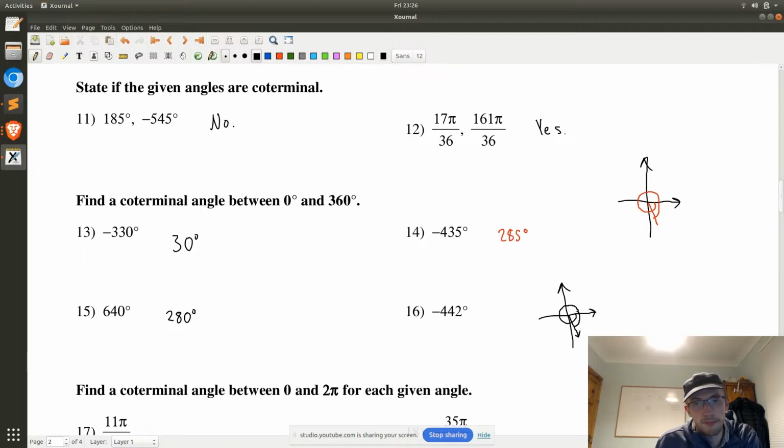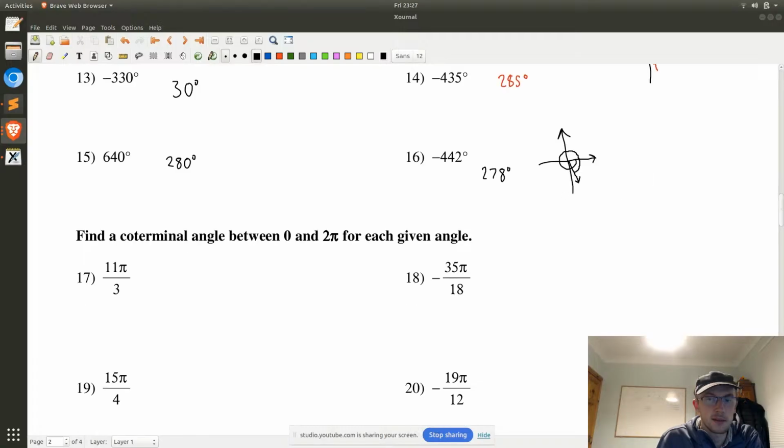Okay? But you need a coterminal angle that's between 0 degrees and 360 degrees. So you have to go around anti-clockwise. So it's going to be 270 plus. Now that separation there is 8 degrees. So 278 degrees, I believe. Okay, excellent. Got that.